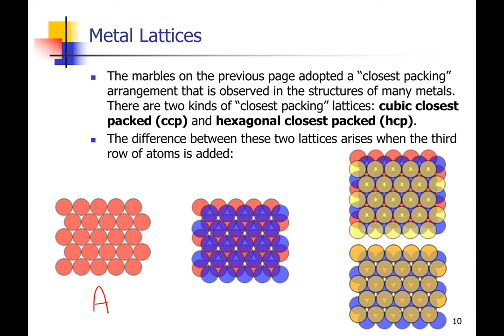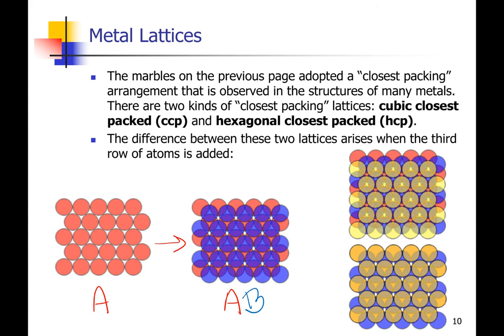If I drop a second layer of atoms in on top of that, they go into the gaps. So that's now the blue circle. So now we have the red layer A on the bottom and the blue layer B sitting on top of it. Now what happens if we add a third layer of atoms?